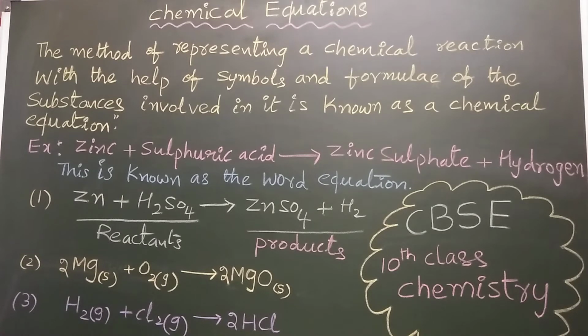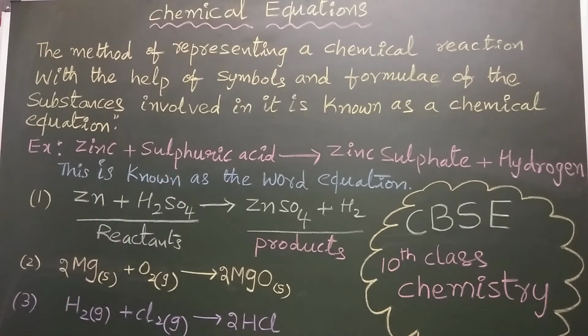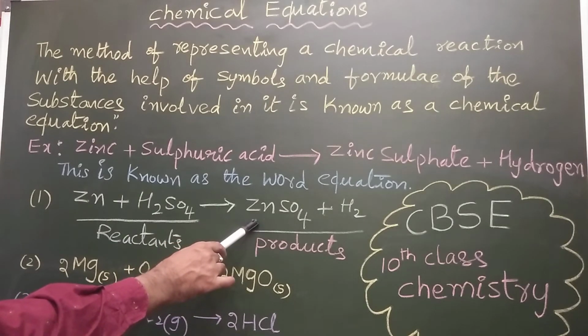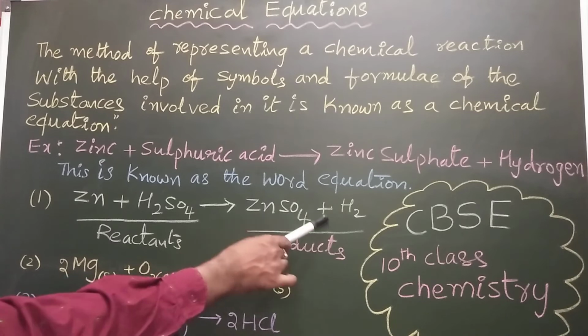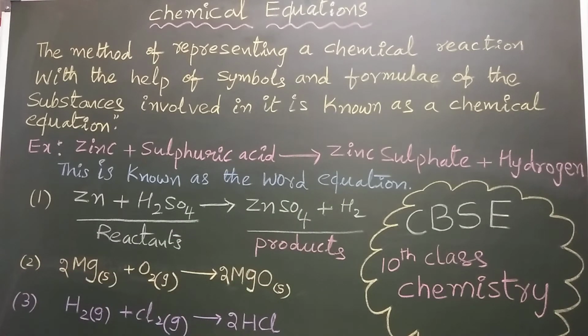You know the formula symbol of zinc is Zn and sulfuric acid is H2SO4, giving rise to zinc sulfate, formula ZnSO4, plus hydrogen gas, that is H2. So this is the chemical equation.